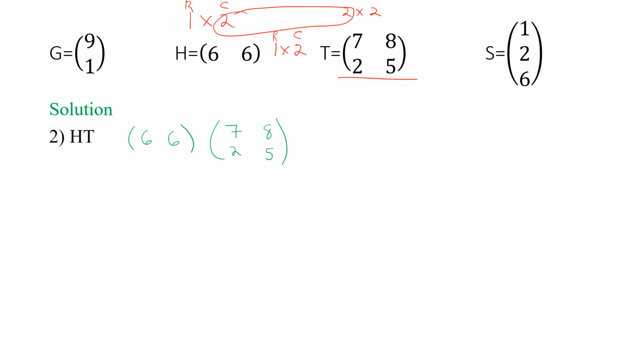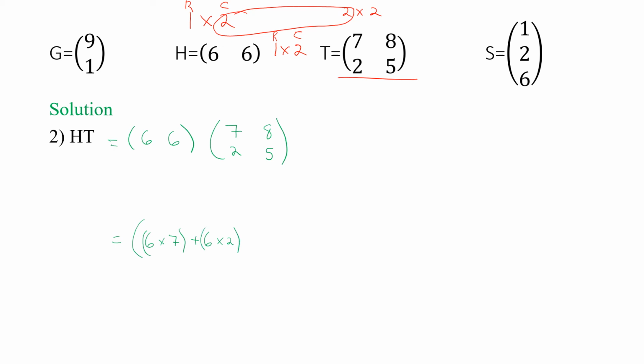Remember, row by column. So we go 6 times 7. And remember, we have to get a 1 by 2, so we know we'll end up with 1 row. So we end up with 6 times 7 plus 6 times 2.